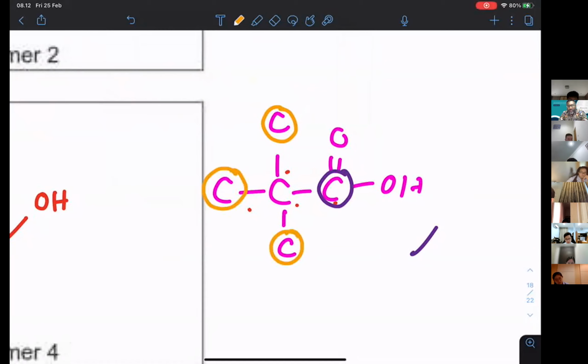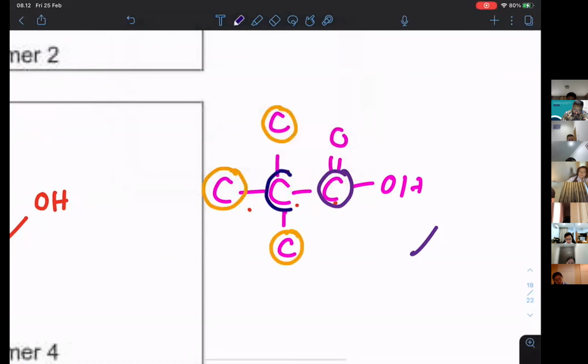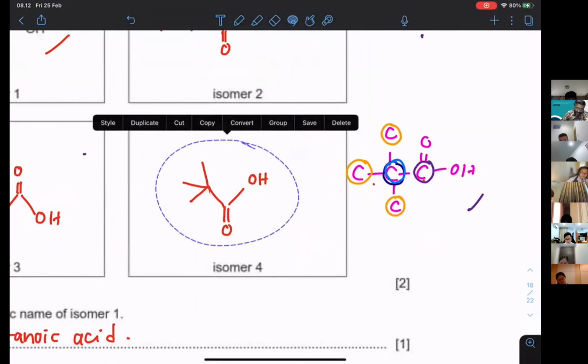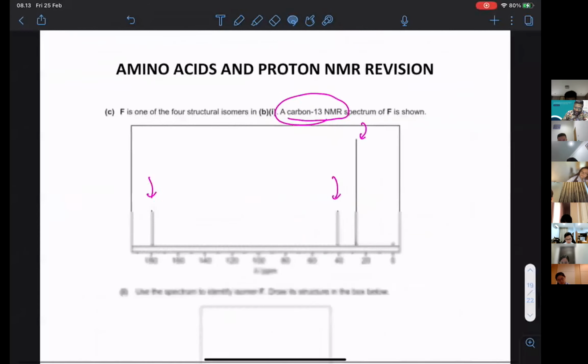That is going to be one environment. And there is one more environment, which is this carbon. This is another environment. So I know that this is 3 environments already. So I know that this must be the answer here.